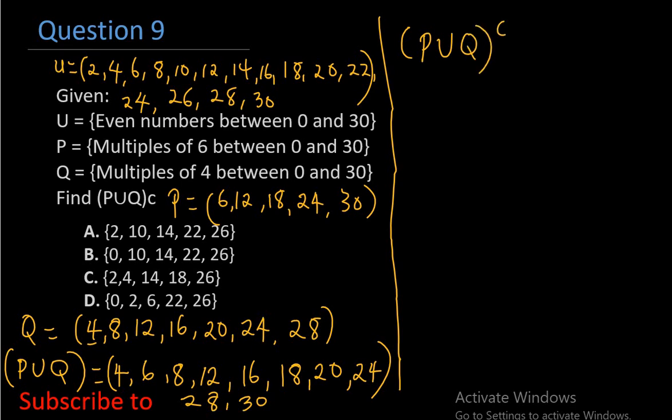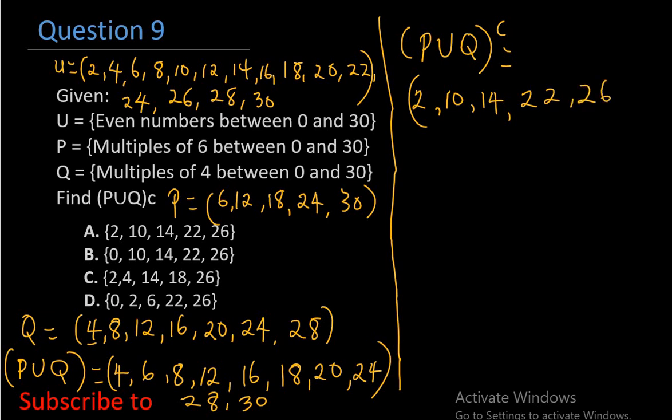That means what is in the universal set that is not in P union Q. That is the meaning of this. So there is 2 in the universal set that is not here. 4 is here. 6 is here. 8 is here. 10 is in the universal set and is not there. 12 is here, 14 is in the universal set and is not here. 16, 18, 20 are here, 22 is not. 24 is here, 26 is not.